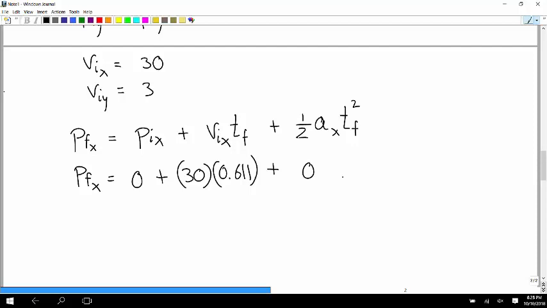And so we get that p_f_x is equal to, can someone multiply 30 and 0.611? 18.33 meters.